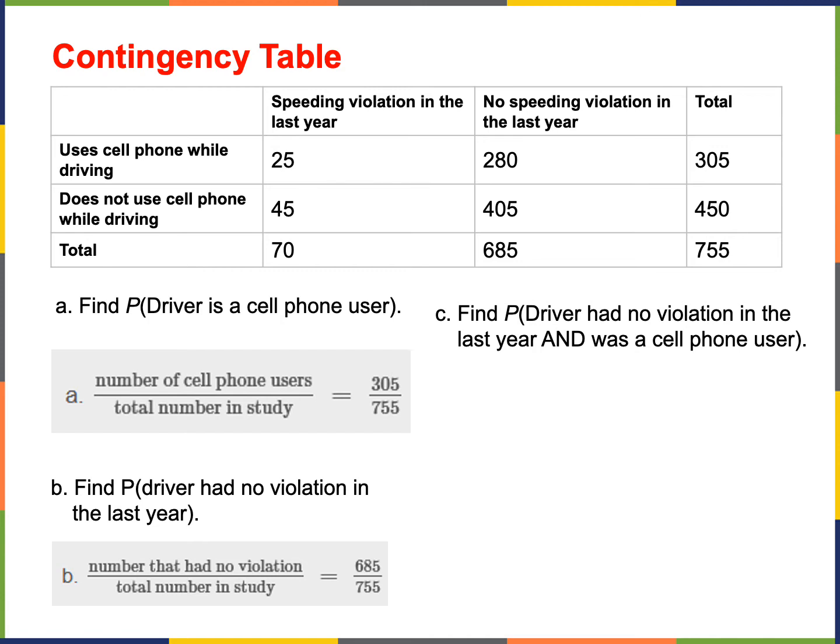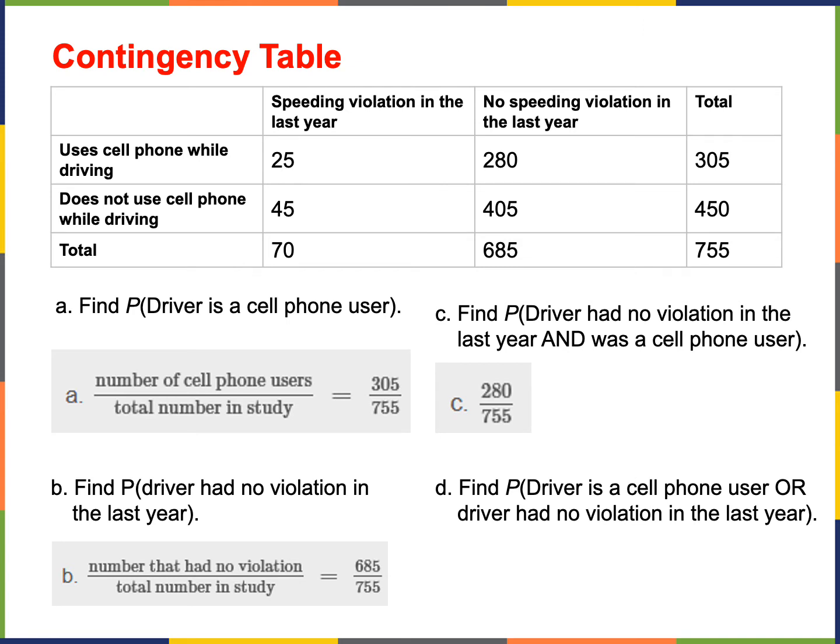The hint is that it's an and. So the driver had no violation and was a cell phone user. This is the intersection of this column and this row. So 280 people in the study had no speeding violation and also used their cell phones. So 280 out of the 755.